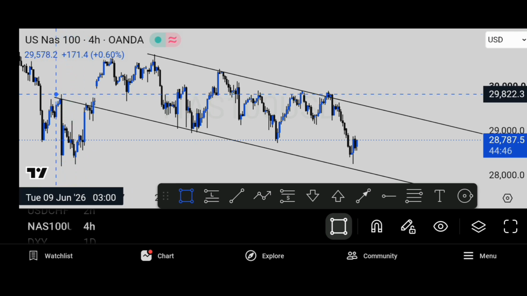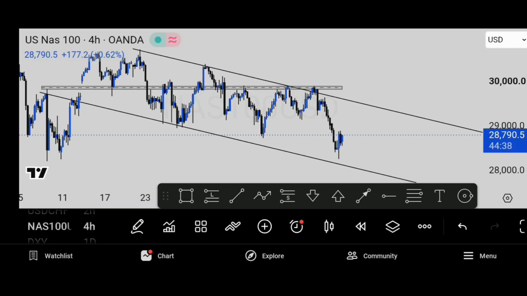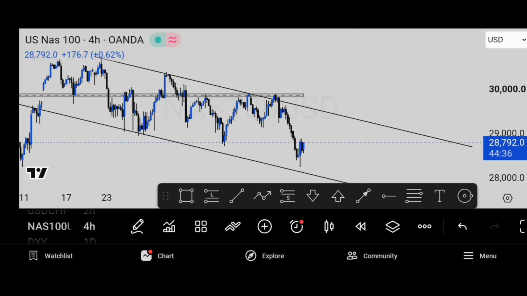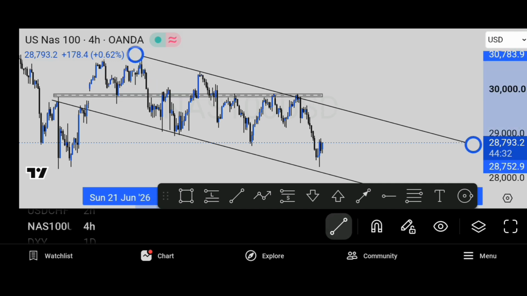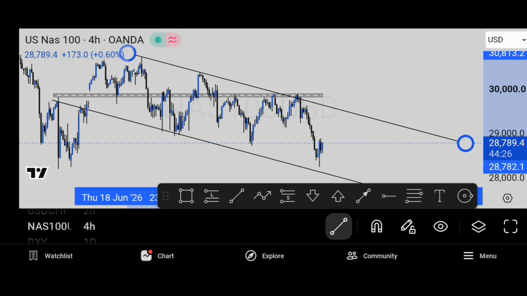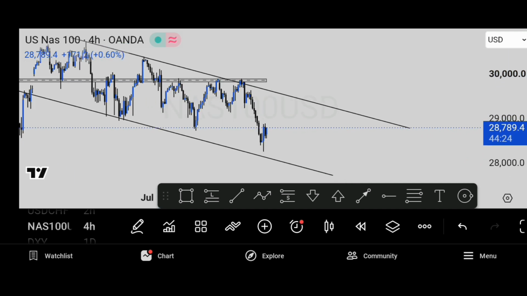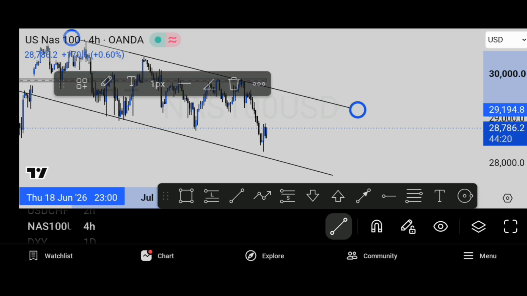So this was the zone that I had. And let me just adjust this trend line because it wasn't like this. It was something like this.